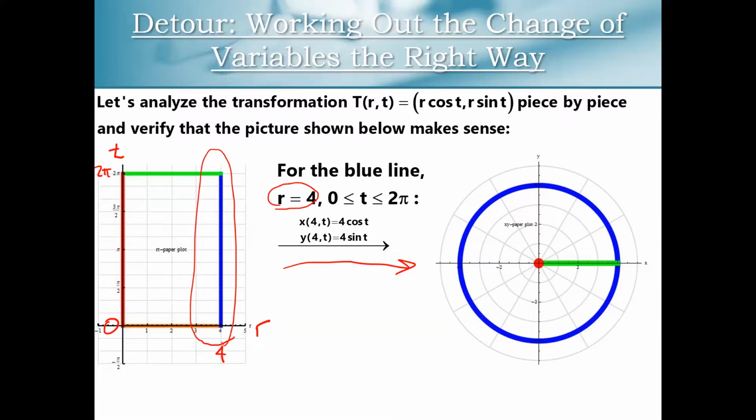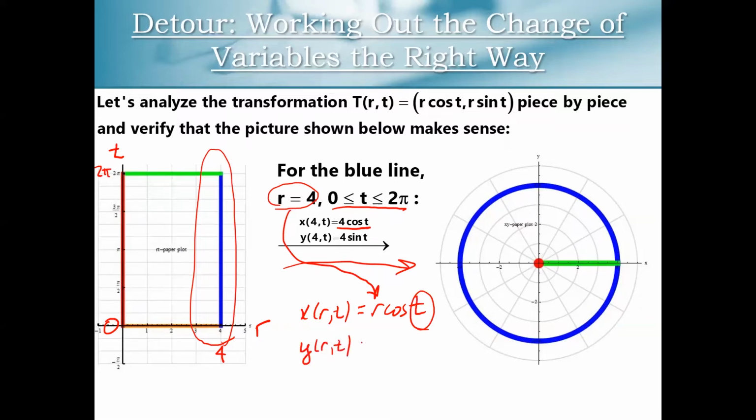So you can kind of think of this as taking your x of RT equals r cosine t. You could think of plugging in r is equal to 4 and then letting t vary from 0 to 2 pi. Well, that would be 4 cosine t as t varies from 0 to 2 pi. We could do the same thing for the y-coordinate.